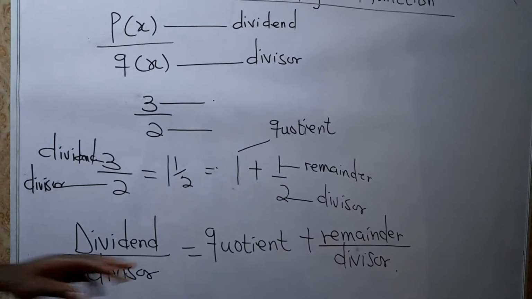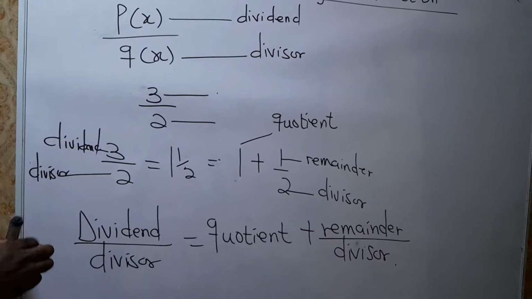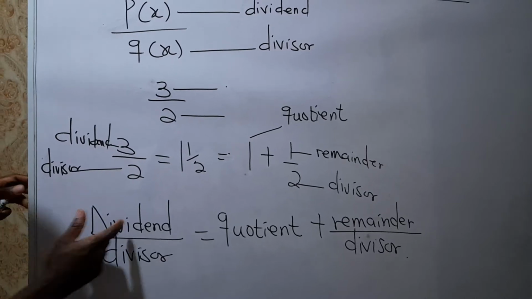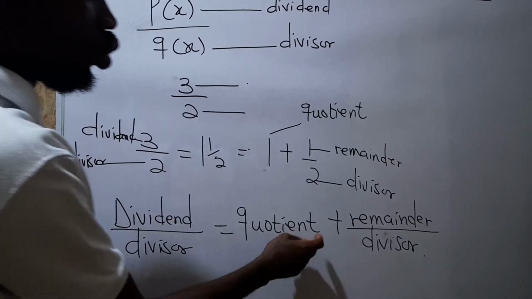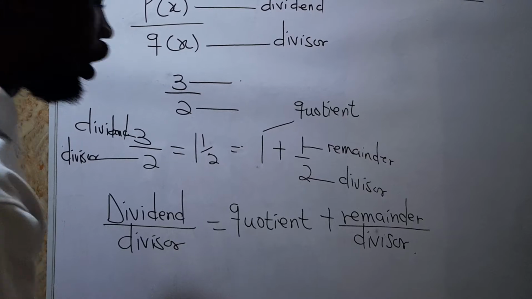Please, this will play a very important role in our understanding of this topic. So remember, the dividend over divisor is equal to quotient plus the remainder over the divisor.